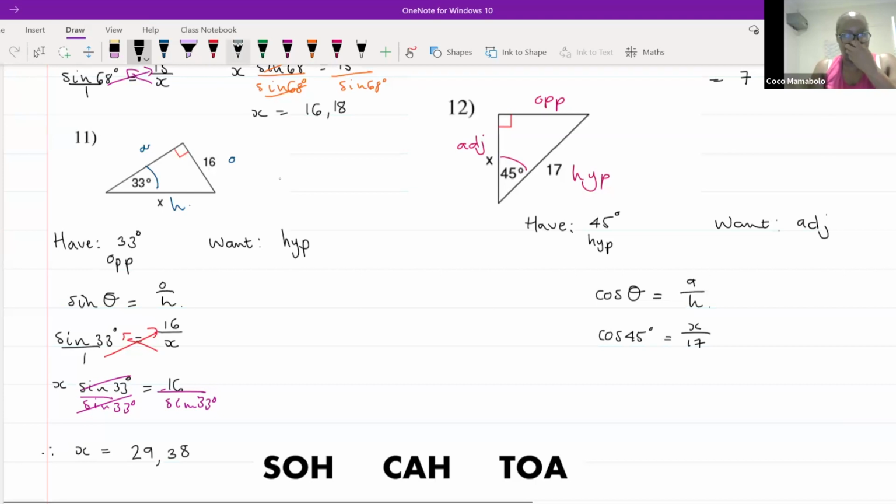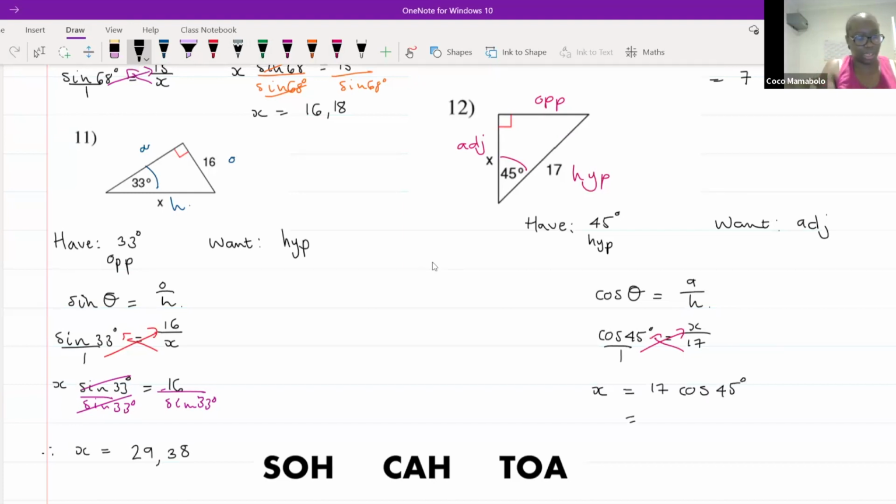Again, we put this over 1 and cross multiply. I get 1 times x, which gives me x, and 17 times cos 45, which I'm thinking is something like 17 root 2 over 2, but I cannot be 100% sure.